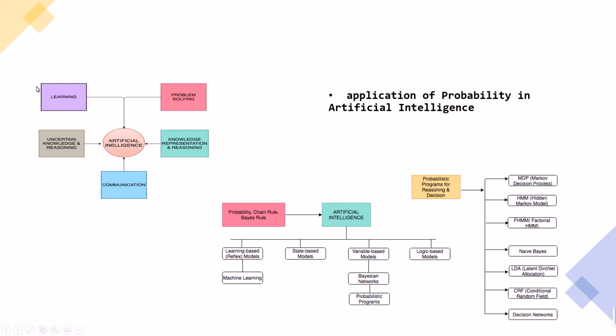This block diagram explains the probability theory concepts which are applicable to major areas in artificial intelligence, machine learning, and natural language processing, or NLP. Probability is the heart of AI.